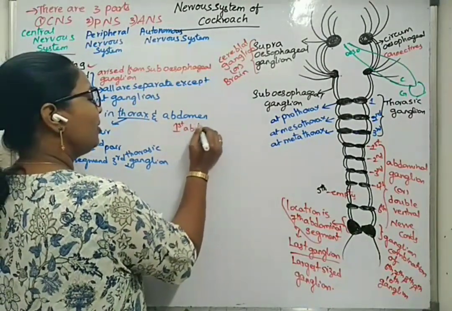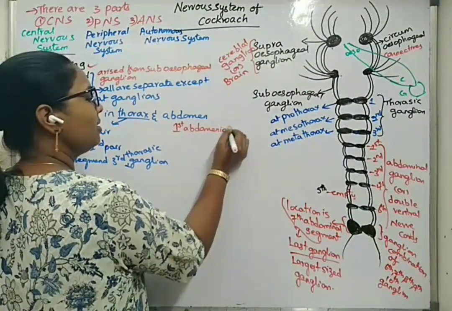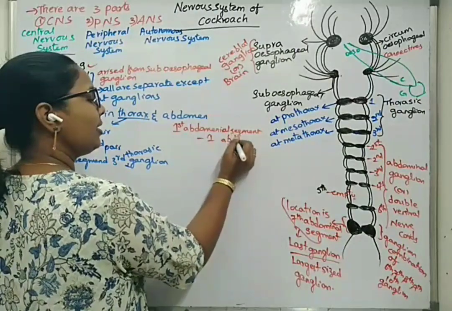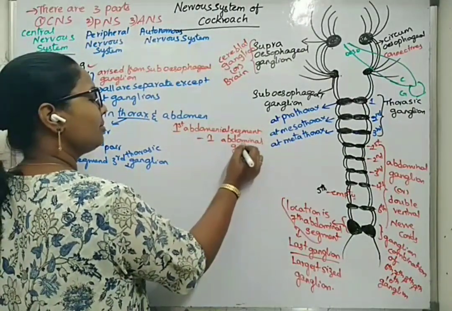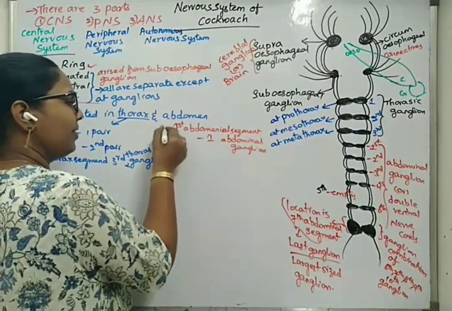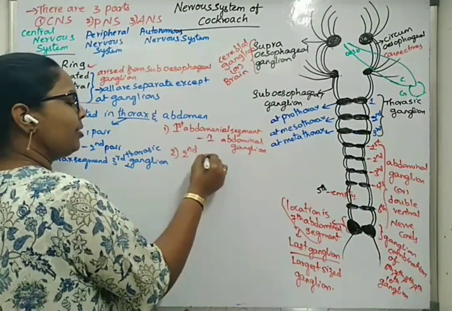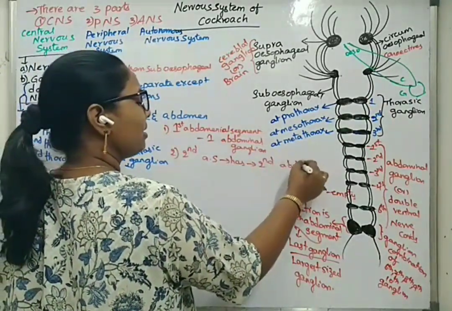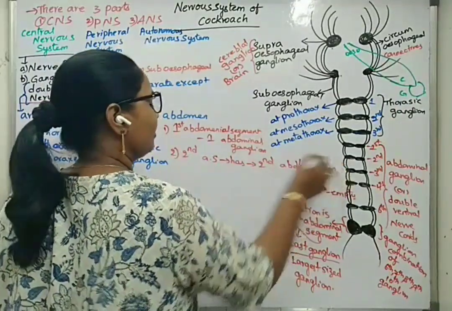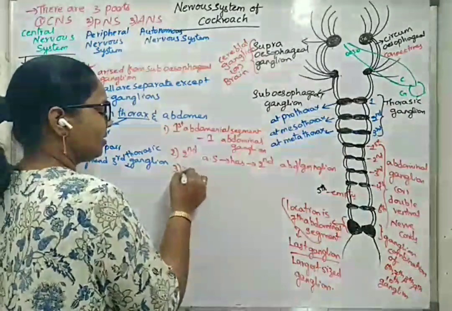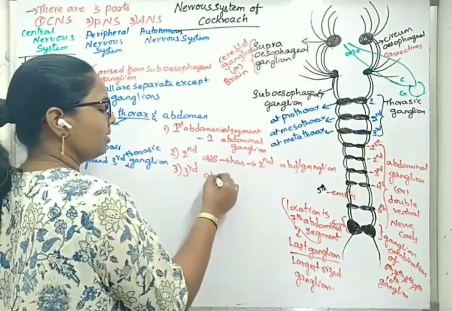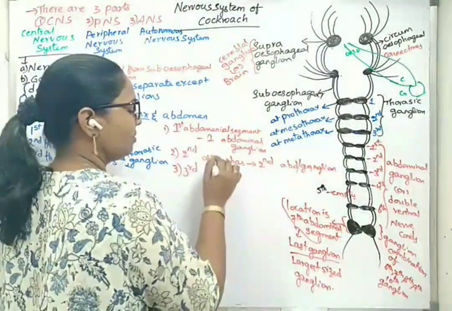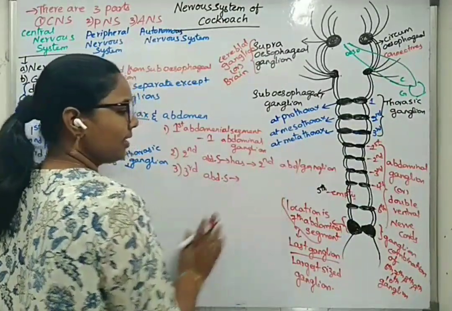First abdominal segment has first abdominal ganglion. In the same way, second abdominal segment has second abdominal ganglion. Next, third abdominal segment has third abdominal ganglion. I am writing abdominal as ABD and segment as I, as I don't have place here.